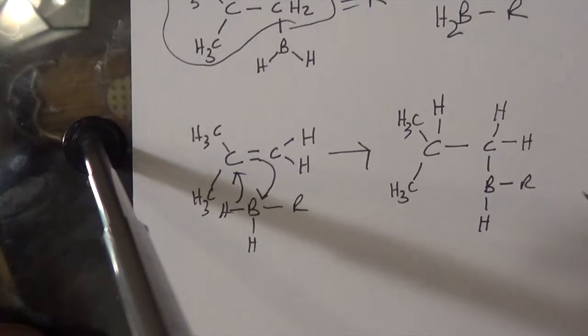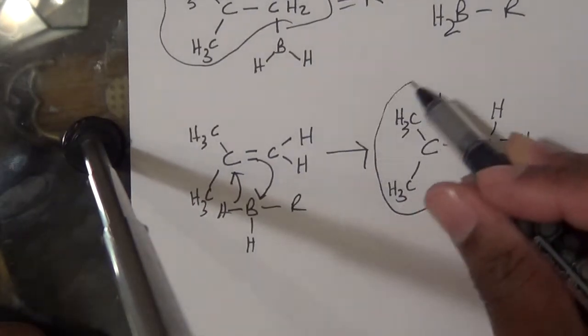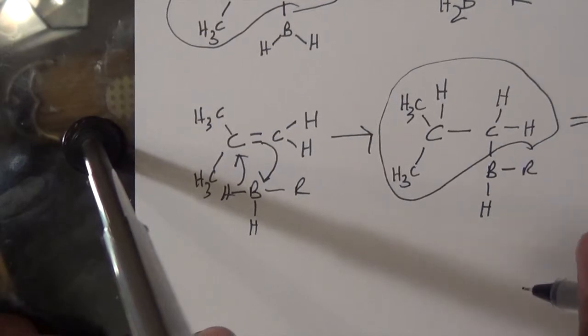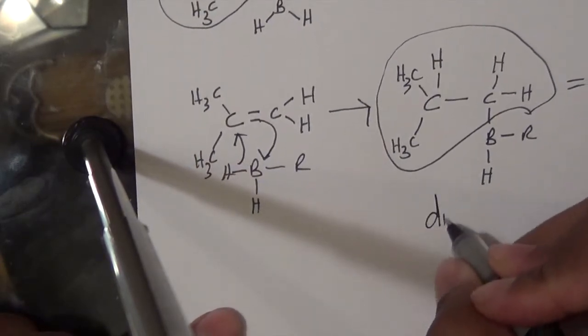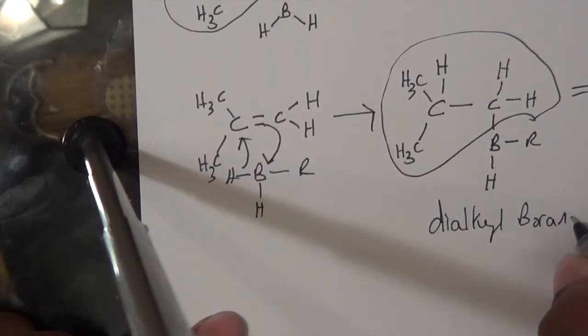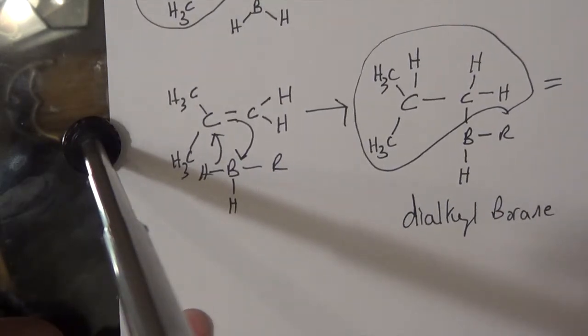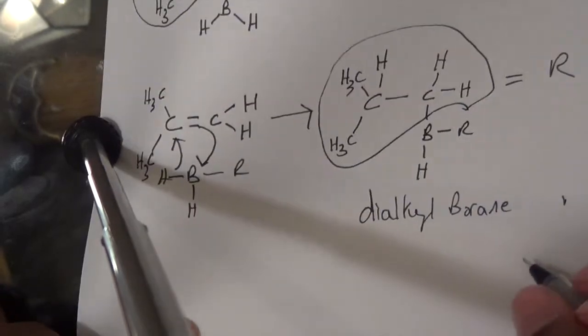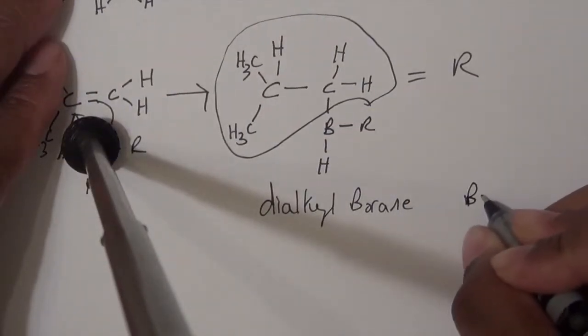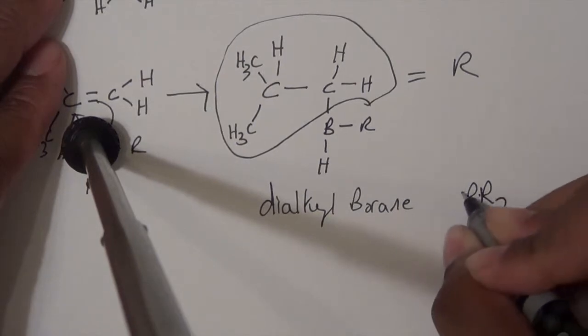Okay, so again this serves as our R group, same thing as we had last time. So now we have a dialkyl borane, which would be abbreviated as BR2H.